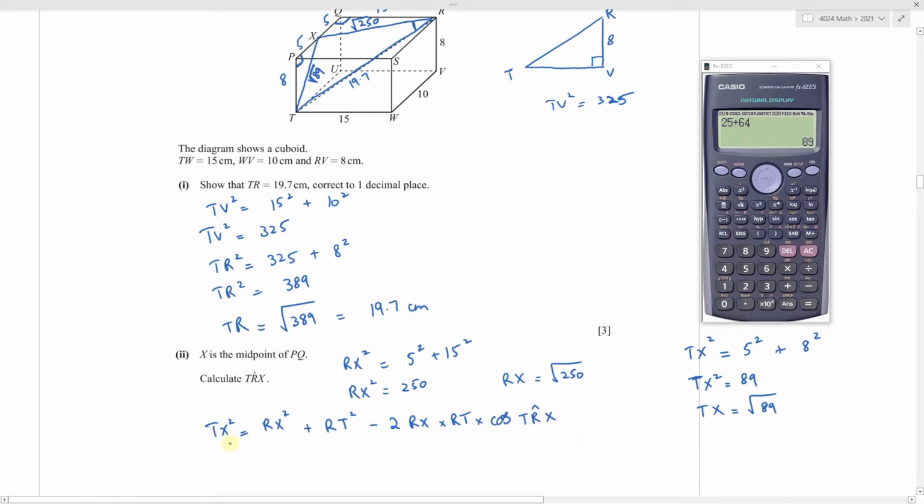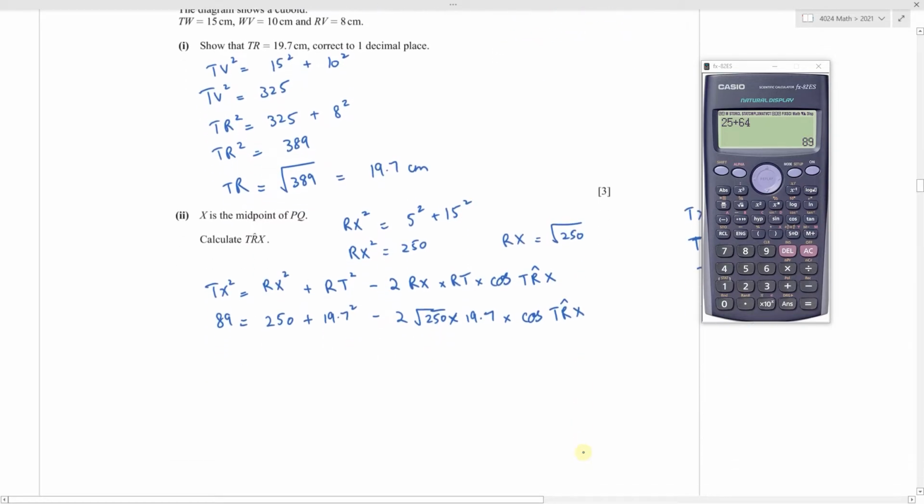So the only unknown in this equation is my angle. So let's substitute the values. Tx square is 89. Rx square is 250 plus RT square or TR square will be 19.7 square minus 2 times Rx is square root of 250 multiplied by RT or TR is 19.7 multiplied by cos of TRX angle.